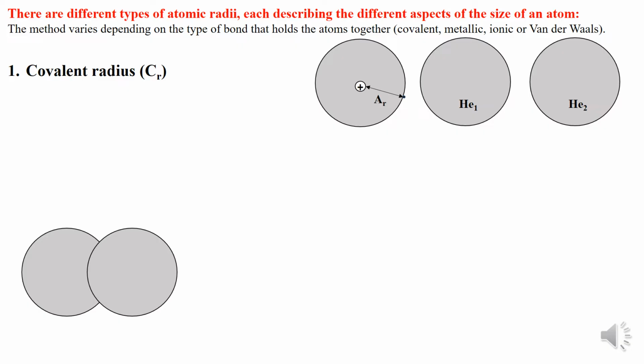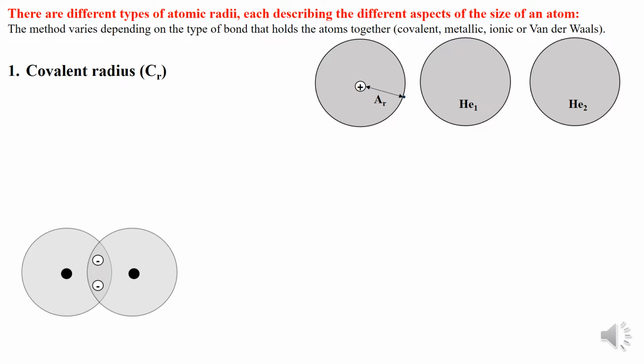So a covalent radius can be determined for atoms that are held together by a covalent bond. Now a covalent bond, as you all know, is formed by mutual sharing of electrons between the atoms involved in bond formation.